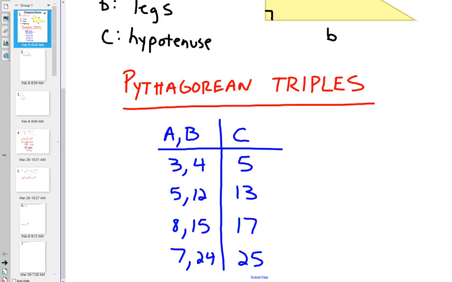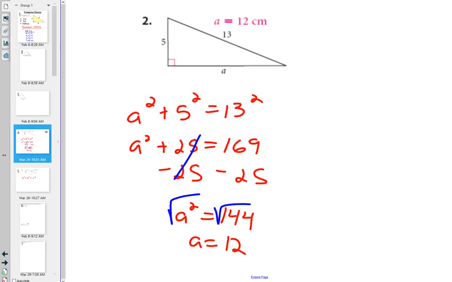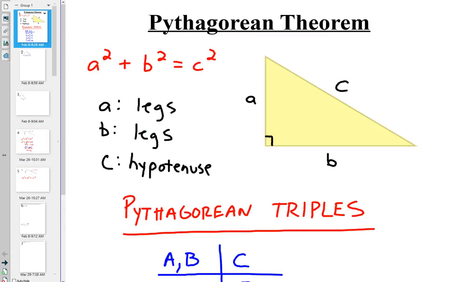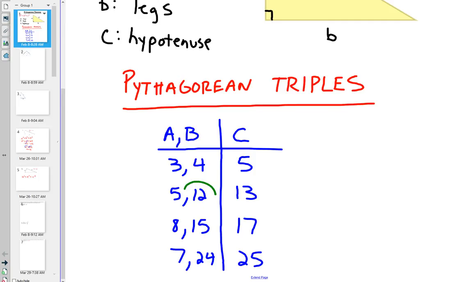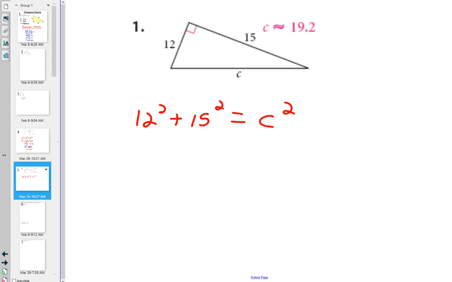If you can memorize these, if you know that one of your legs is 5 and your hypotenuse is 13, I mean, we proved it with the Pythagorean theorem, but if you memorized the Pythagorean triple, you would have already known that the last remaining leg was going to be 12. Actually, no, we don't, no, yeah, this one's not.